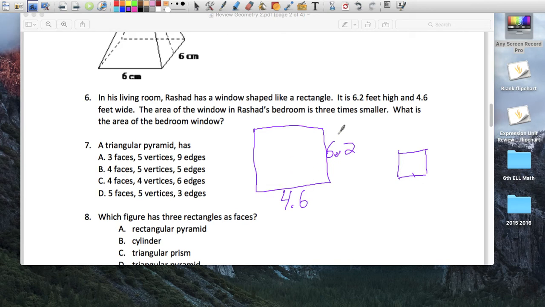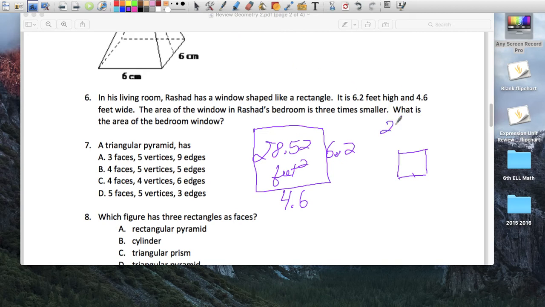So let's find out what the area in the living room is, which is 4.6 times 6.2. That's going to give us 28.52 feet squared. And we know that this is 3 times smaller, so we're going to divide 28.52 by 3.